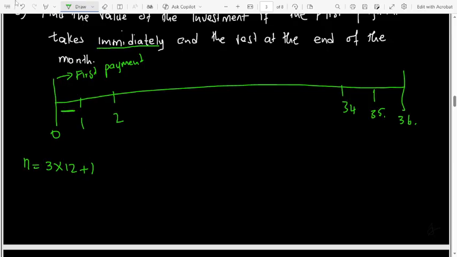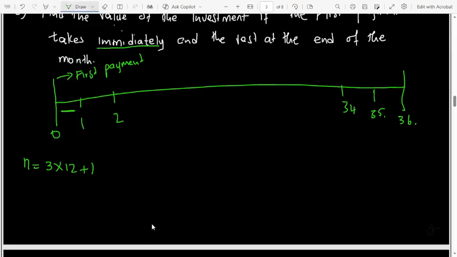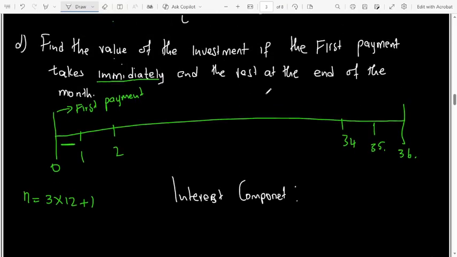So now, do we have the interest component? Yes or no? This is what I need you to ask yourself. If you look at the question, they never mentioned anything about the last payment. So if you don't see the last payment, you assume that there is no interest component, because they never said anything about the last payment.